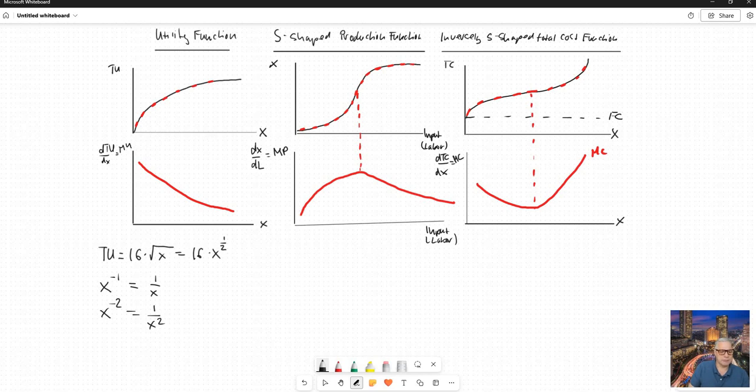Or if you have x raised to the negative 1/2, that would be the same as 1 over x to the 1/2, or 1 over the square root of x. And last but not least, if you have x raised to the 0, that is 1. And even if you have like 1,000 raised to the 0, that is also 1.